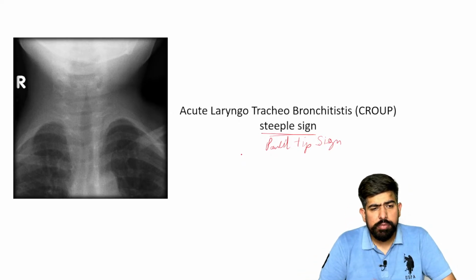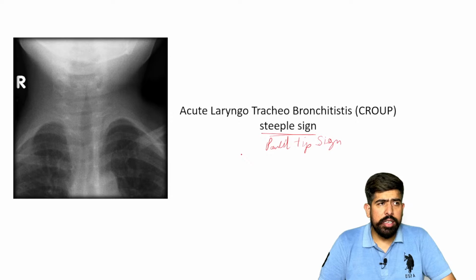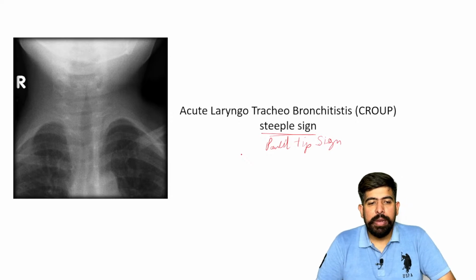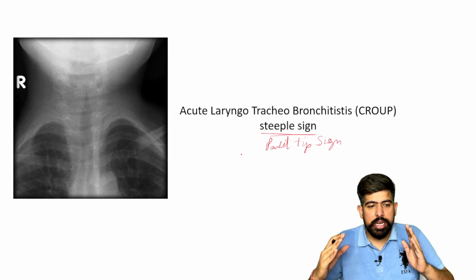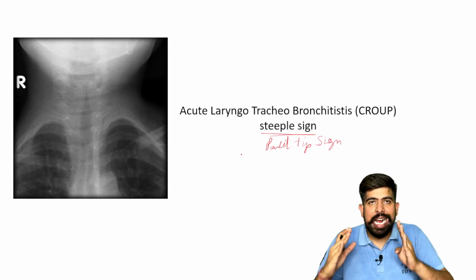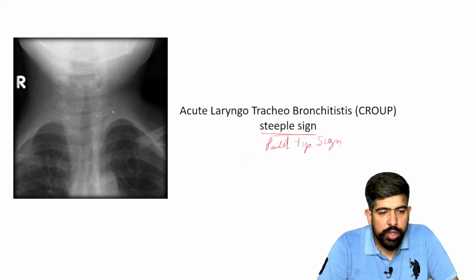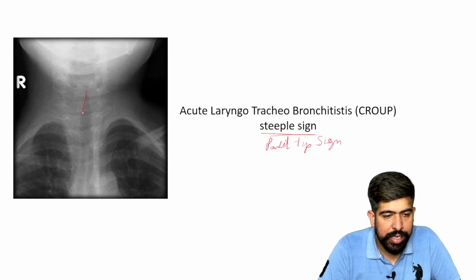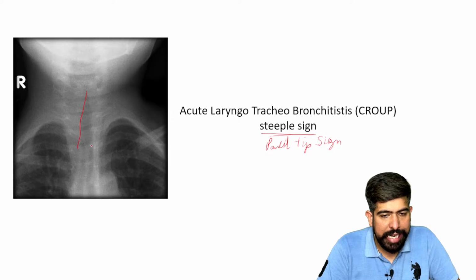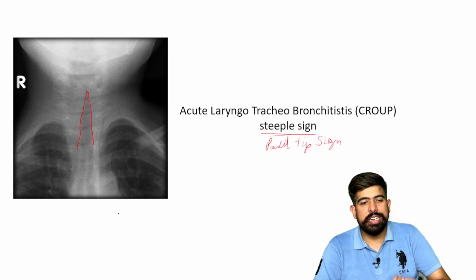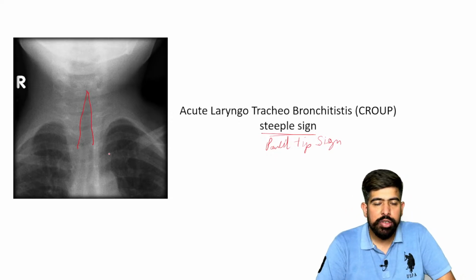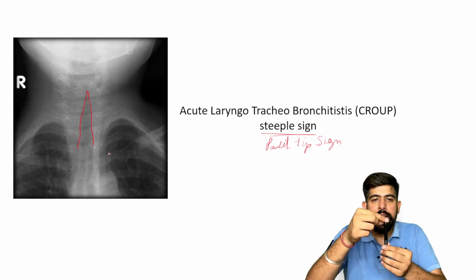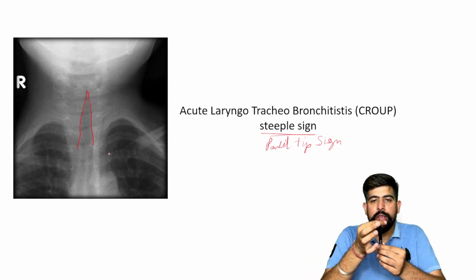I hope you have seen a church or other historical places. They have buildings with steeples, right? The same, or we can say the pencil tip sign also. I'm marking it so you can understand. This trachea seems narrowed from above, making a steeple over here, or it can be seen as a pencil tip. We have the pencil like this, and we have this narrowing at the tip, right?